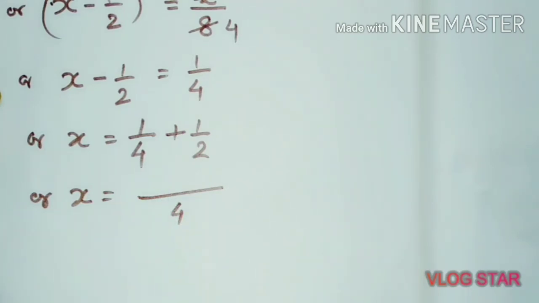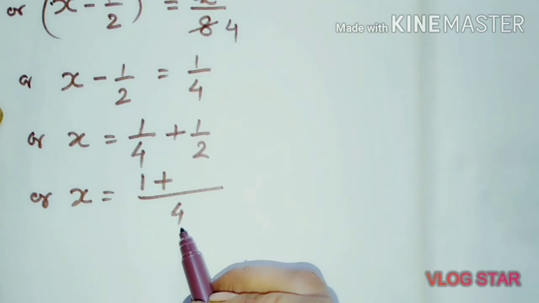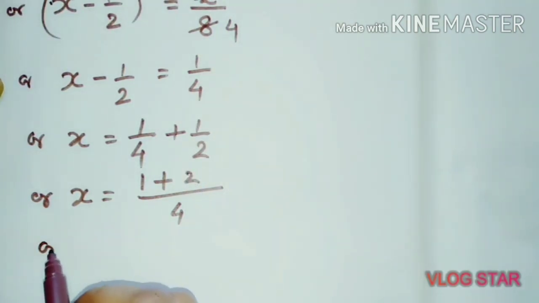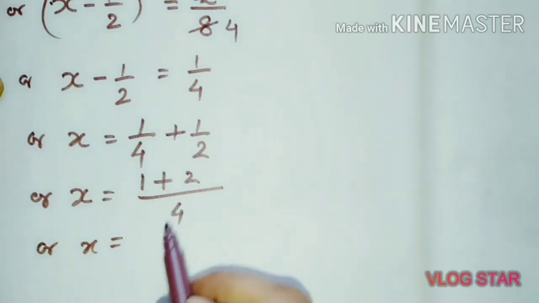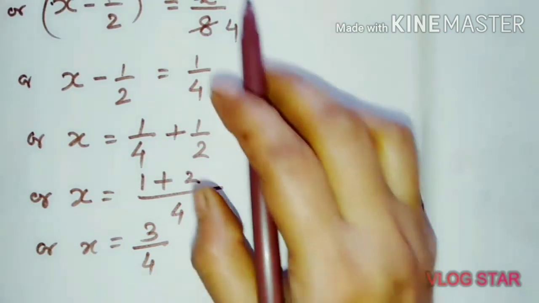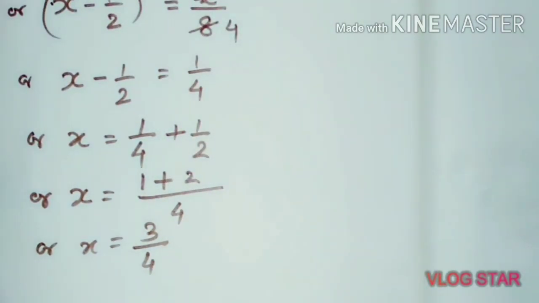LCM is 4, as 4 is a multiple of 2, and it is taken as 1, plus 2 divides it 2 times, 2 into 1, 2. x is equal to 1 plus 2 is 3, 3/4. So 3/4 is that number from which, when half is subtracted and then it is multiplied by half, we get 1/8. You can check it also.